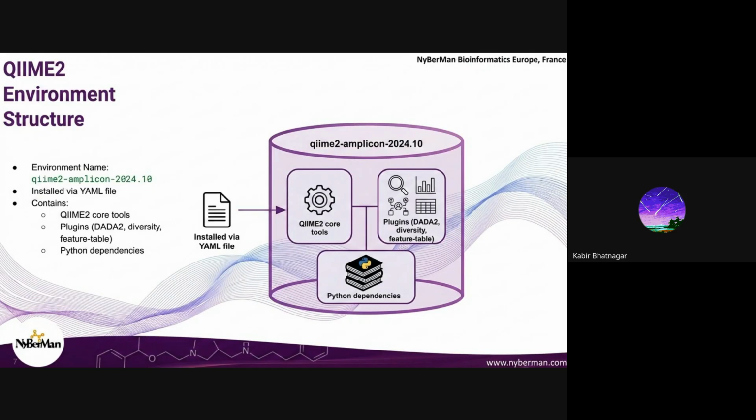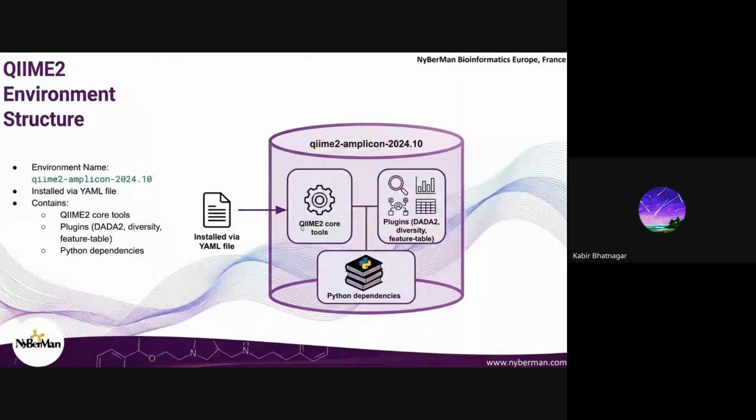Then plugins involve data, diversity, DADA2, which we learned for denoising, and feature-table to generate a feature table. These are all the plugins that are already contained in the environment. And then we have the Python dependencies. Whichever Python version we require, we have that installed with QIIME2. That's why our QIIME2 environment is working very nicely, so that we can work with it further.